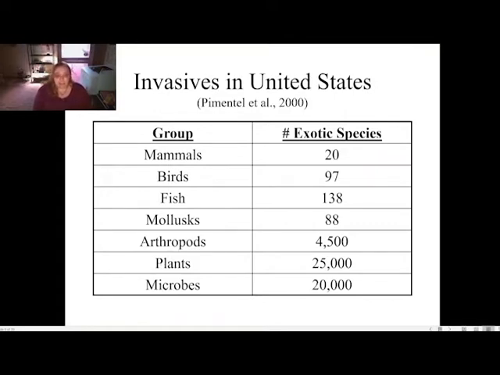But some of the ones that stand out more and get the most attention are the mammals and the birds, and insects as well. We're going to talk a little bit about each of these categories so that you can get an idea of the diversity of invasive species that you can find in the United States.